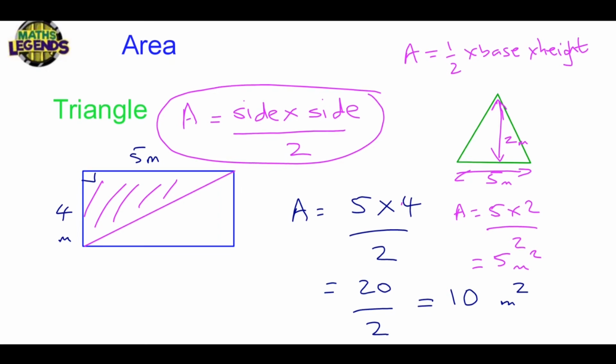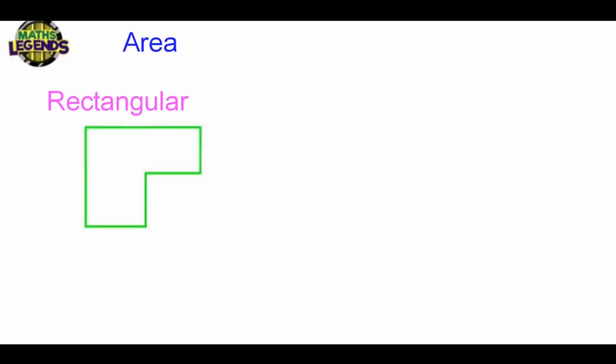Let's look at another shape. Let's say we have this sort of rectangular shape where we know the length of some of the sides, so not all of them. Let's say this side is length 10, this one is 2, this one is 3, and this one is 5. And we are asked to work out the area of this shape.